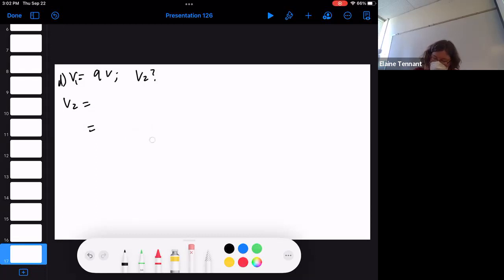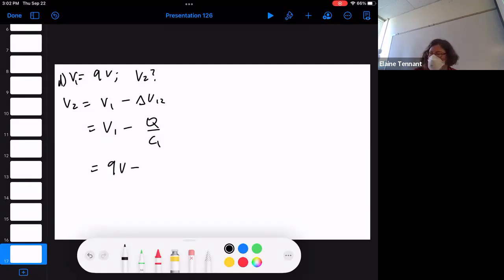Let me switch this around. V1 minus delta V12, V1 minus Q over C1. Mainly, I just need my answer to be positive. And at this point, you really are just plugging in numbers.